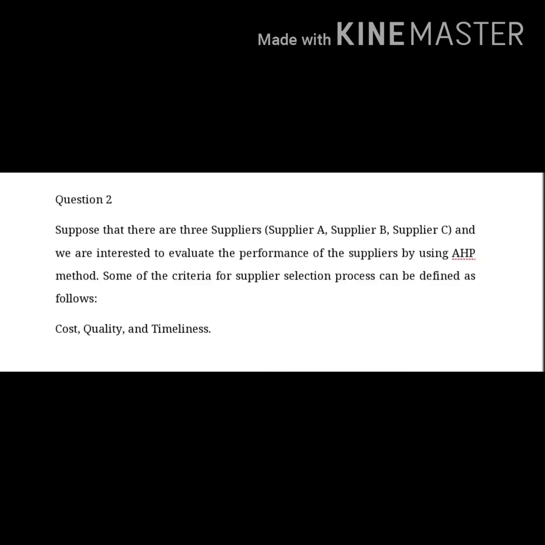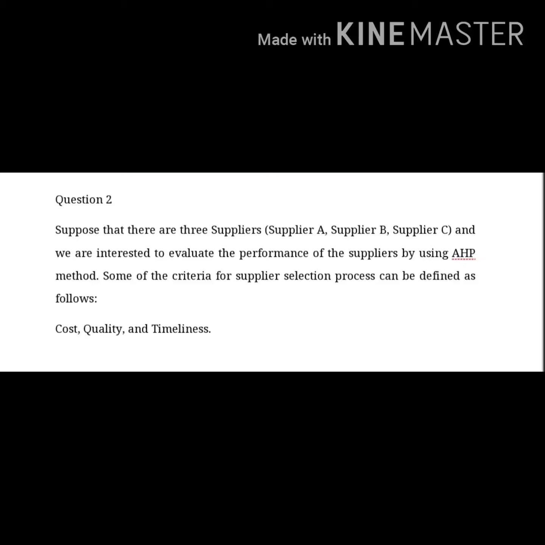Question 2. Suppose that there are three suppliers, supplier A, supplier B, and supplier C, and we are interested to evaluate the performance of the suppliers by using the AHP method.